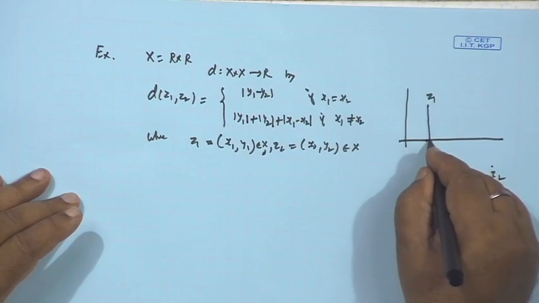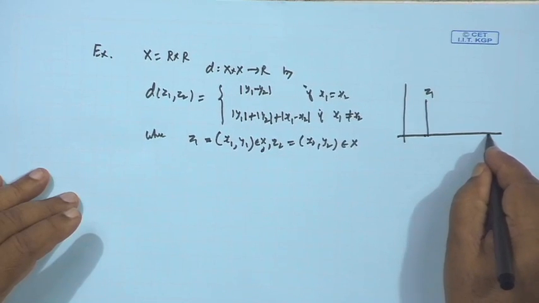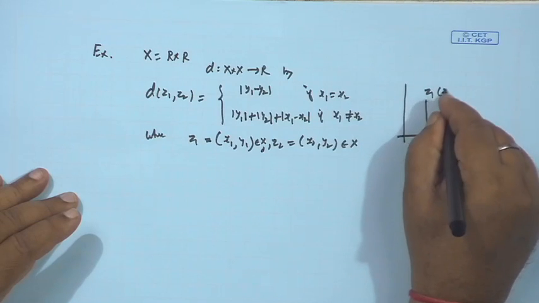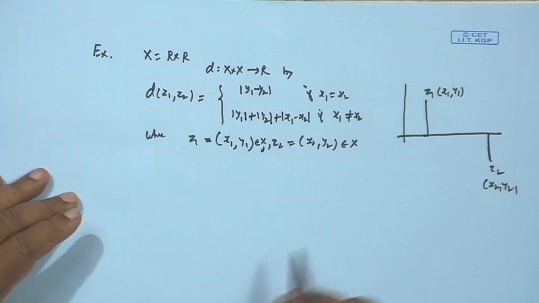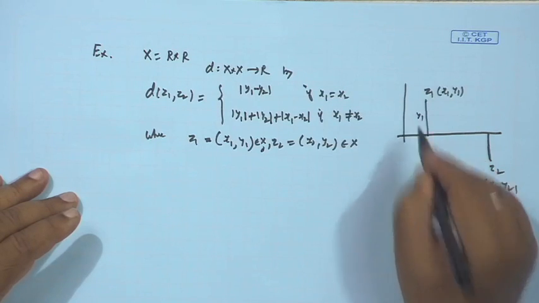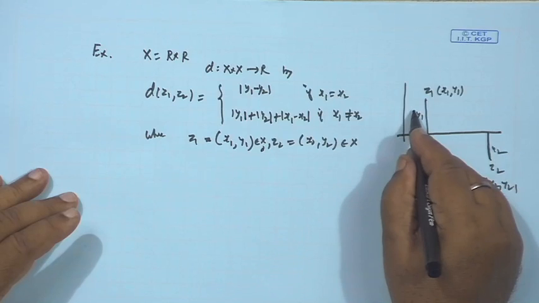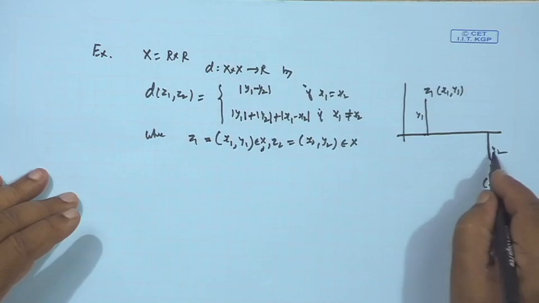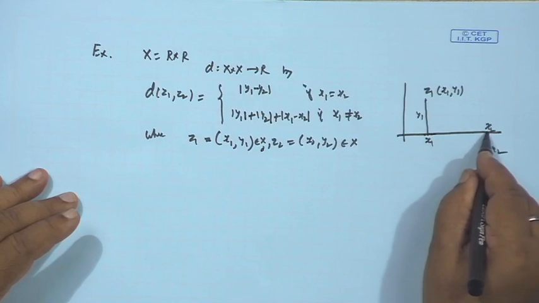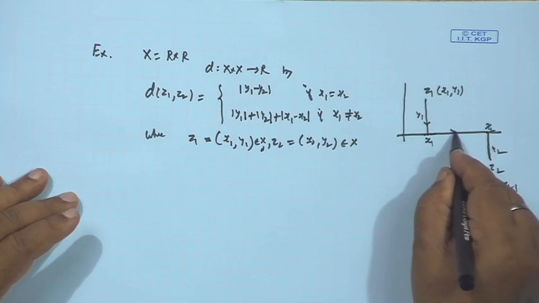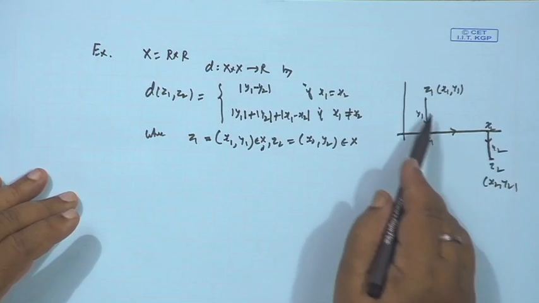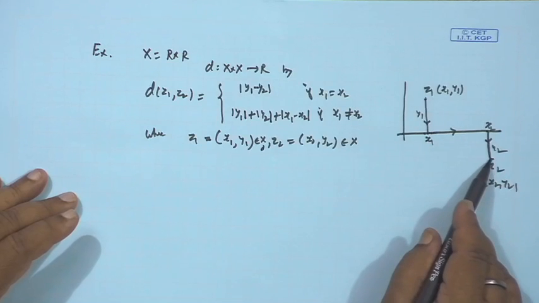So, if we go from here, this is our x2, this is our x1, y1. So x2 is different from x1. We take this as y1, this as y2, so take the absolute distance |y1| plus this distance between x1 and x2. So a person is coming from here, following this path, going this way and approaching z2. This is the length between z1 and z2.